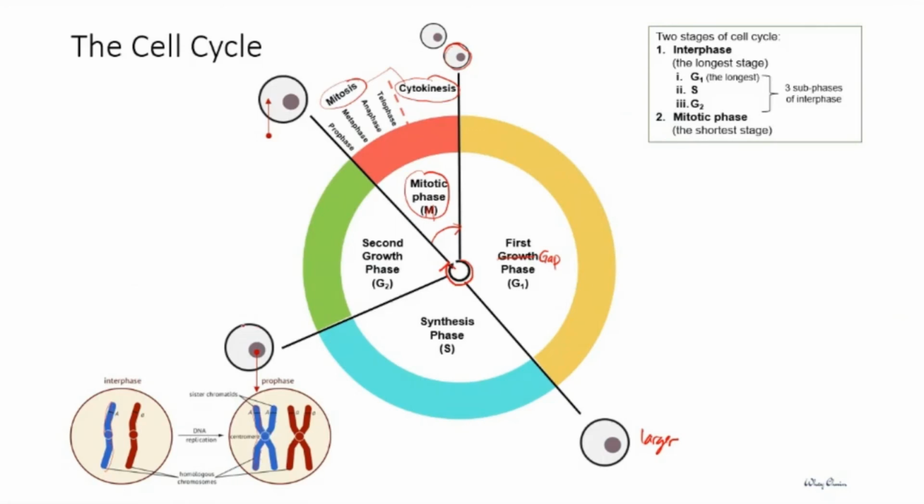Okay, this cell will continue to the second gap phase. Okay, the events are quite similar to the first gap, which still focuses on the reason why ribosomes are duplicated and also the mitochondria, because they are going to use both proteins and the energy in the mitotic phase.